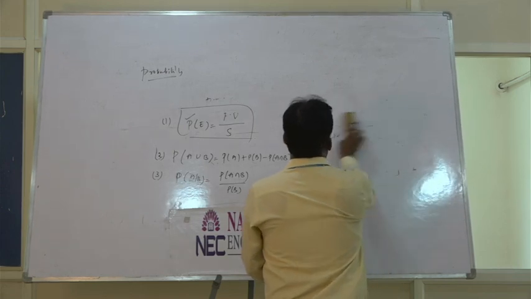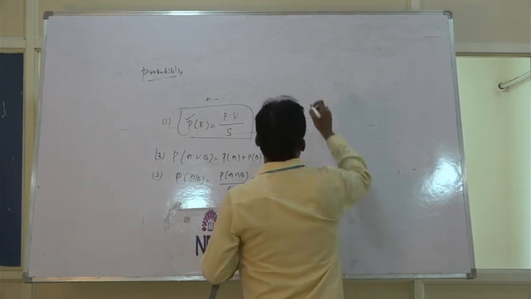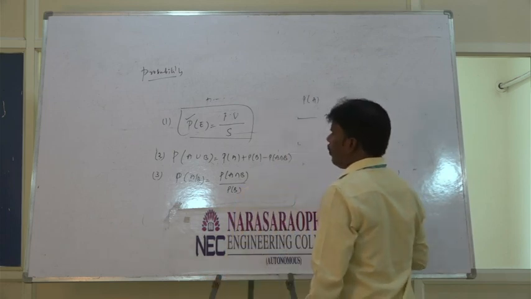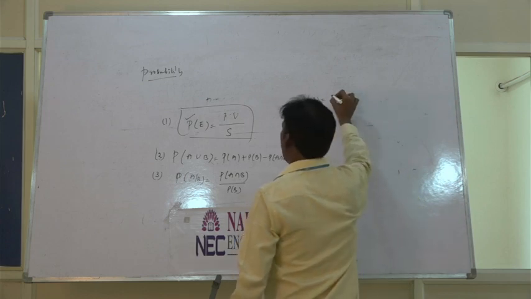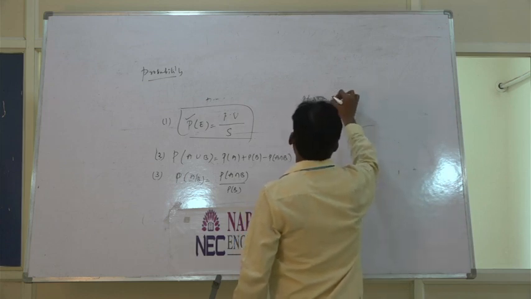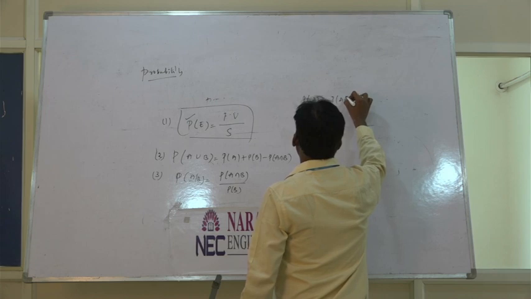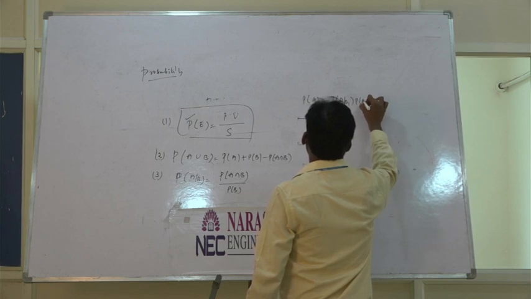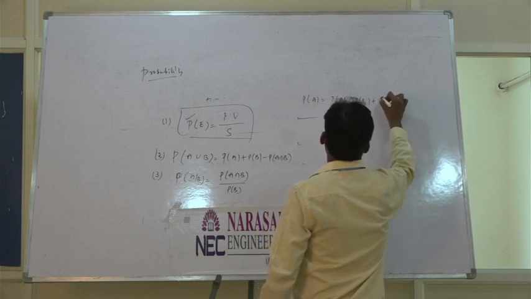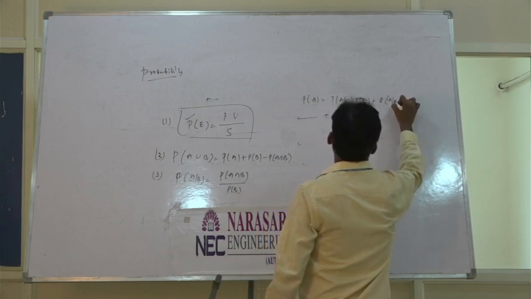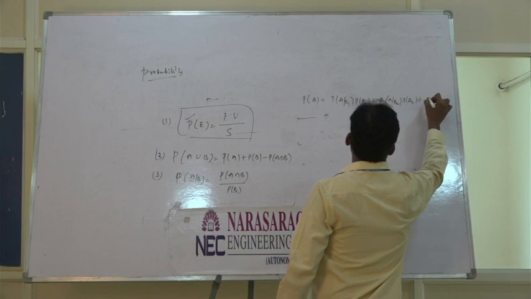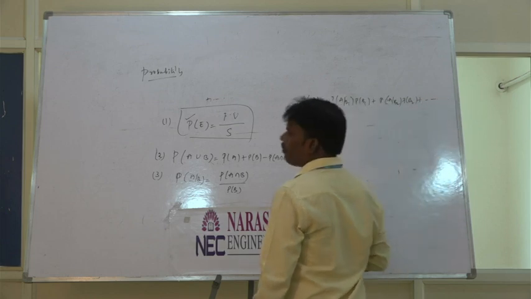Total probability means P of A is equal to P of A given B1 into P of B1, plus P of A given B2 into P of B2, plus so on.